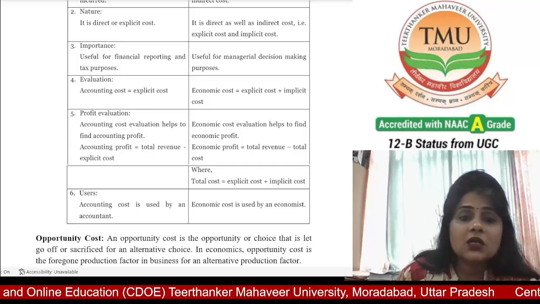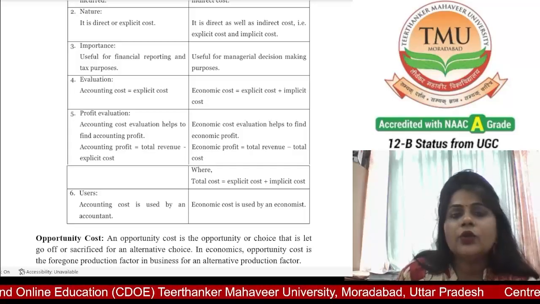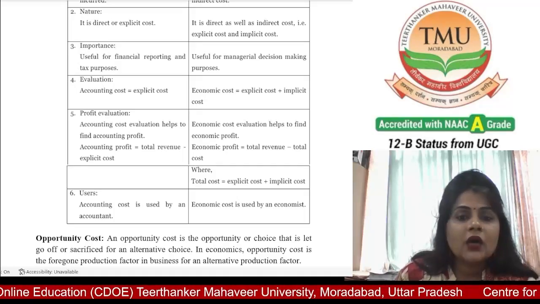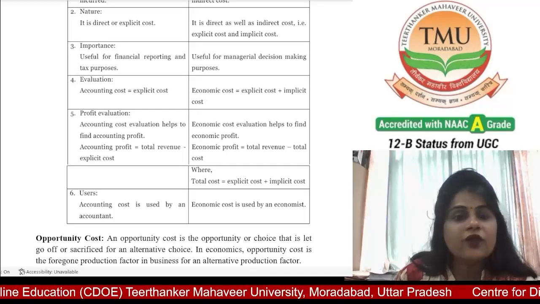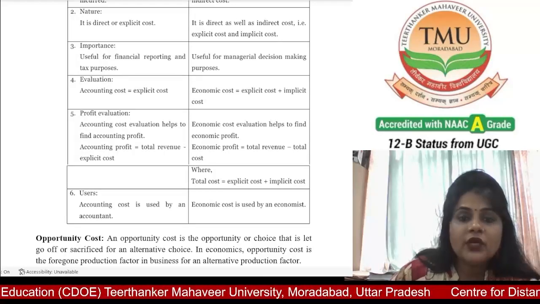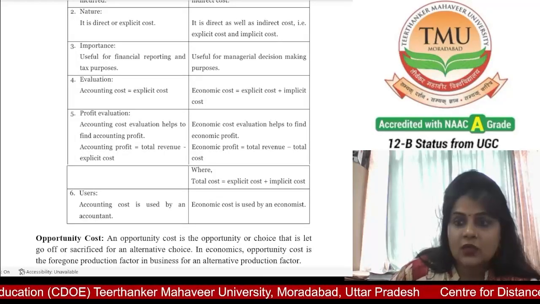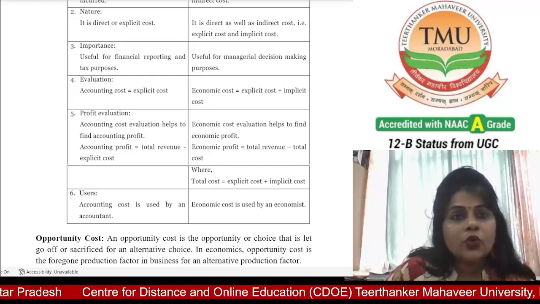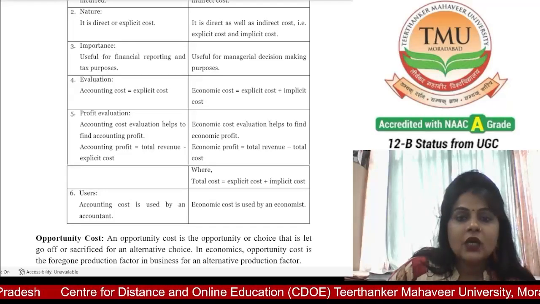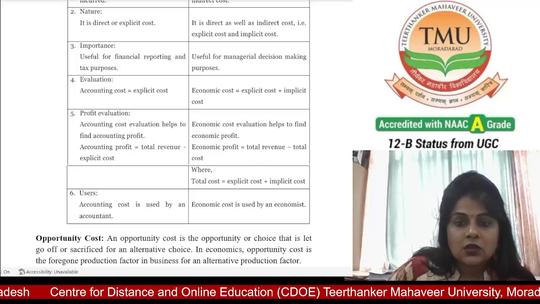Economic costs are critical to determining if there are lost opportunities for revenue that an organization misses by choosing one strategy over another. So, I hope you well understood what is the accounting cost and what is the economic cost.